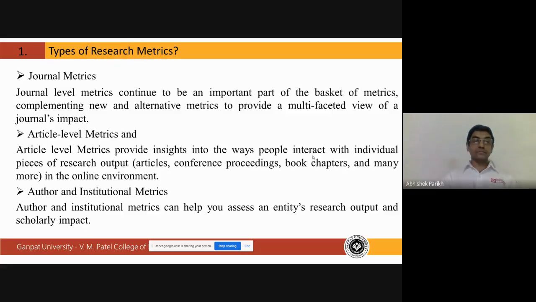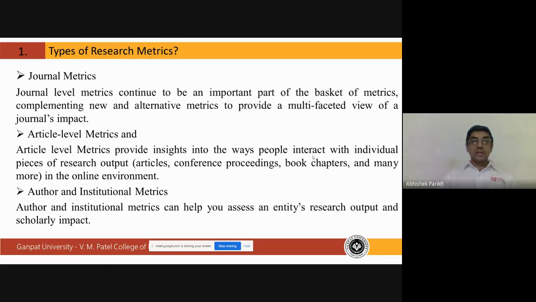Similarly, the third category is author and institutional metrics. Author and institutional metrics can help you assess an entity's research output and scholarly impact.